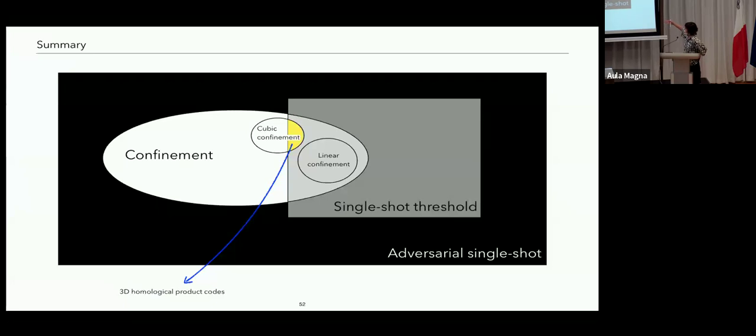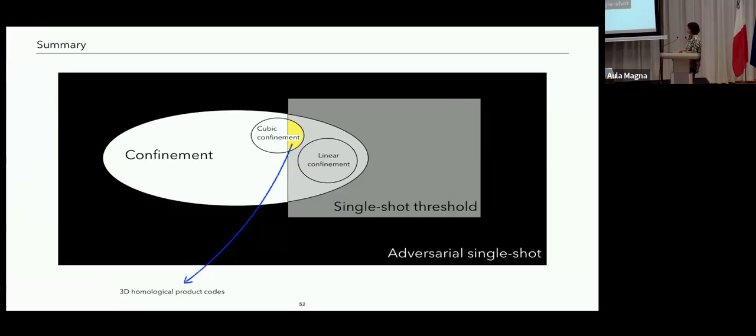And this is interesting, maybe particularly for physicists, because we know a sufficient condition for a code and a decoder to have single shot properties, which is basically that the weight of the syndrome grows with the error. We know that this is sufficient, but we don't know whether it is necessary.